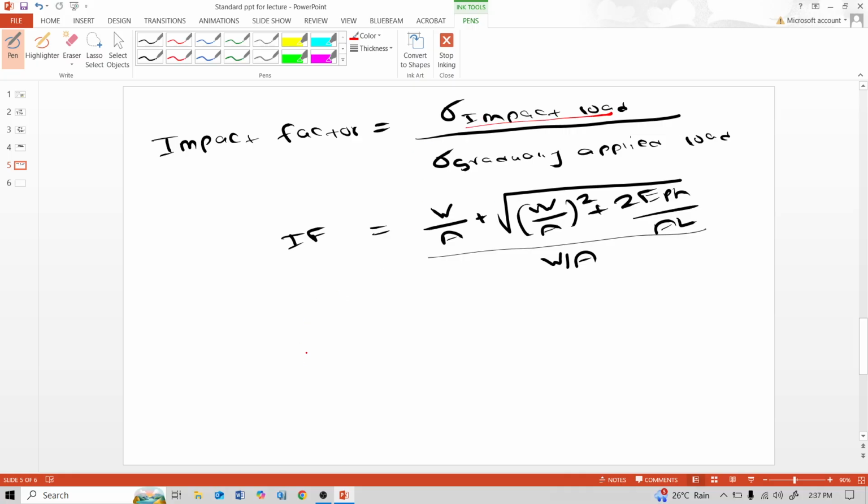For suddenly applied load the stress is 2W by A, and for gradually applied load it is W by A, so the impact factor is 2. The impact factor is always greater than or equal to 2.